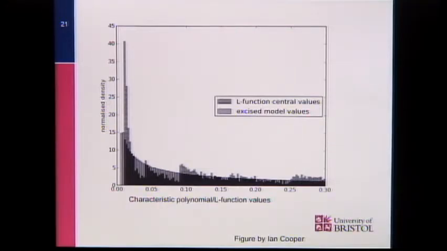It's there because putting it there gives you the correct mass in your model, the same mass as this first peak. It doesn't have the same shape as the first peak, but the total mass between here and here is the same as if you had mass in the shape of the number theory peak. So I think it explains why the cutoff in the excised model is where it is.